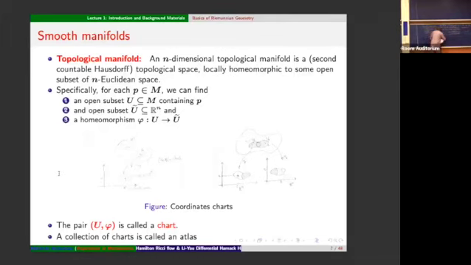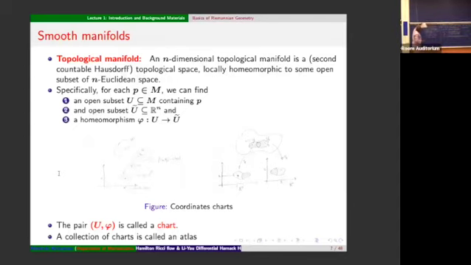And thirdly, we say M is locally Euclidean of dimension n.